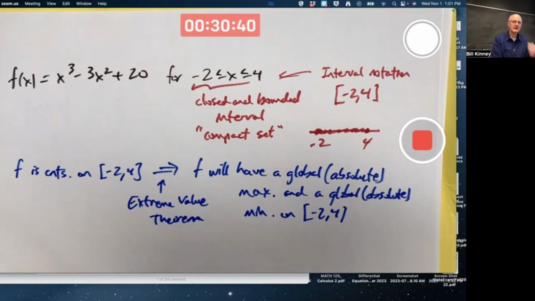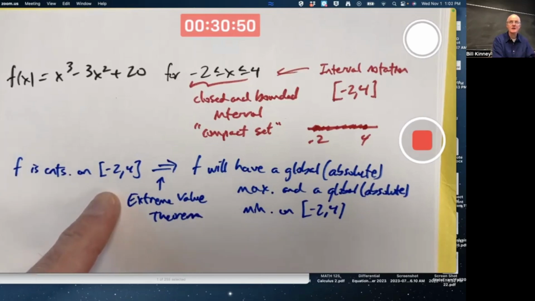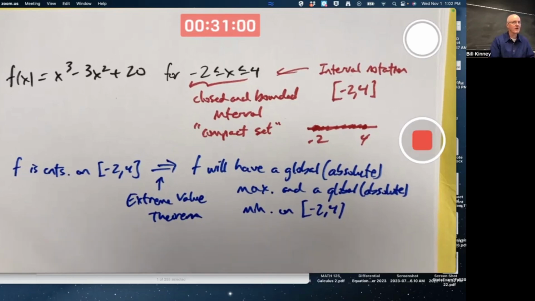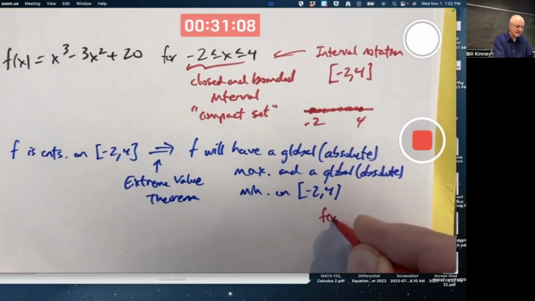Now, I'm not going to state the extreme value theorem, but basically it's saying what I just said. If you've got a nice continuous function defined in a closed interval and continuous on that entire interval, you're guaranteed to have a high point and a low point. Before I try to find those high and low points, let me remark that the fact that the interval is closed and bounded is essential. This is a side example, but it's something you should know about.